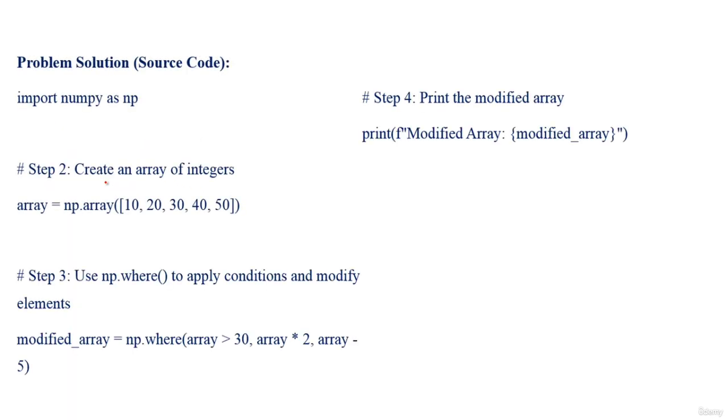So this is a problem solution that I want to share with you. NumPy importing, creation of a NumPy array, and using the where function to apply a condition and modify elements. Where the element, for example, should be greater than 30. And what is the modification? The array element should be multiplied by 2, otherwise subtract 5. So the result array should be shown to the user.